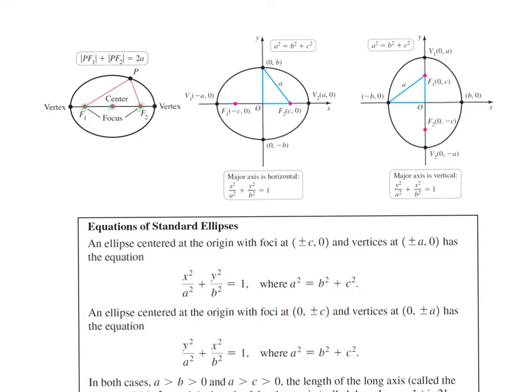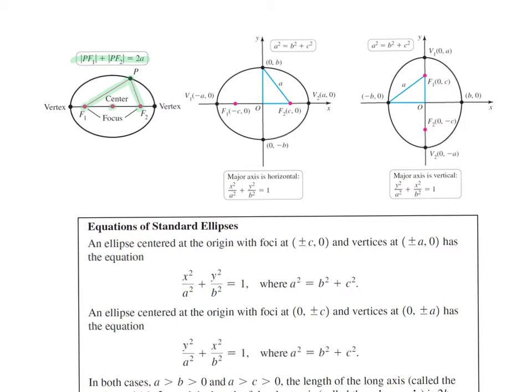But they do have this really nice property: if you take the distance from any point on your ellipse to one focus and the distance to the other focus, and add those up, it's going to be equal to 2a. And that would be this equation up here.